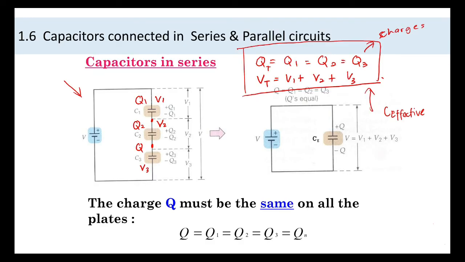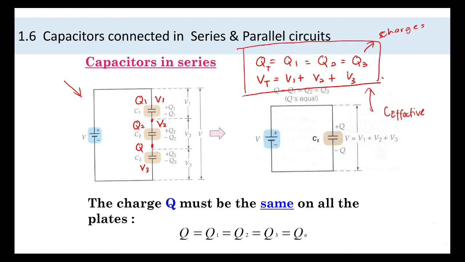For capacitors in series, the basic thing you need to know is how the charge and how the potential behave. If we know that, then we can find the effective capacitance.